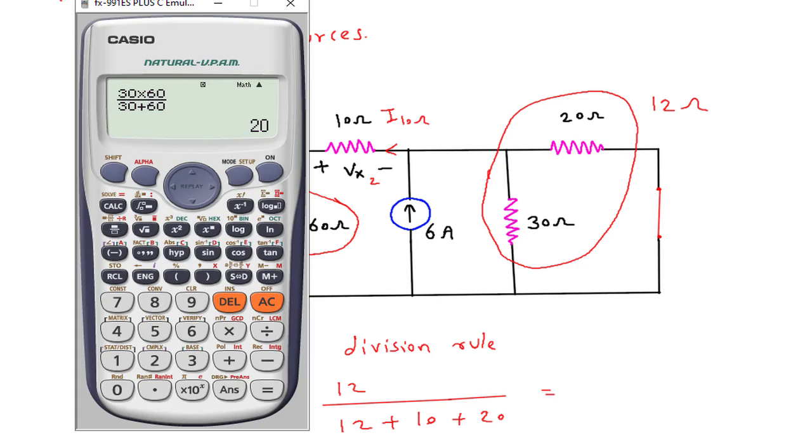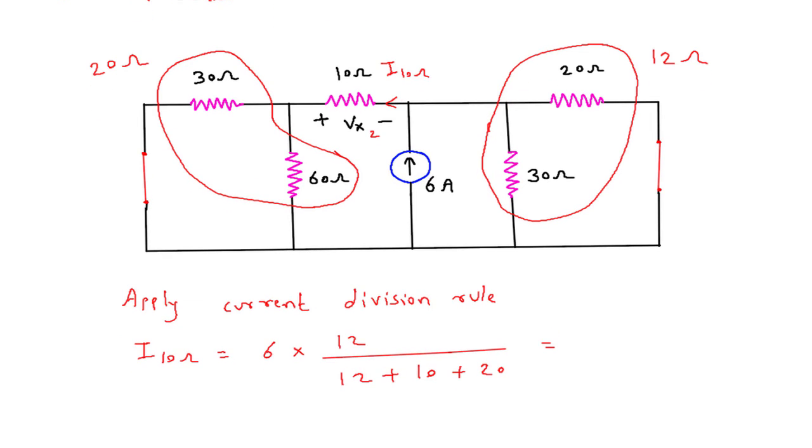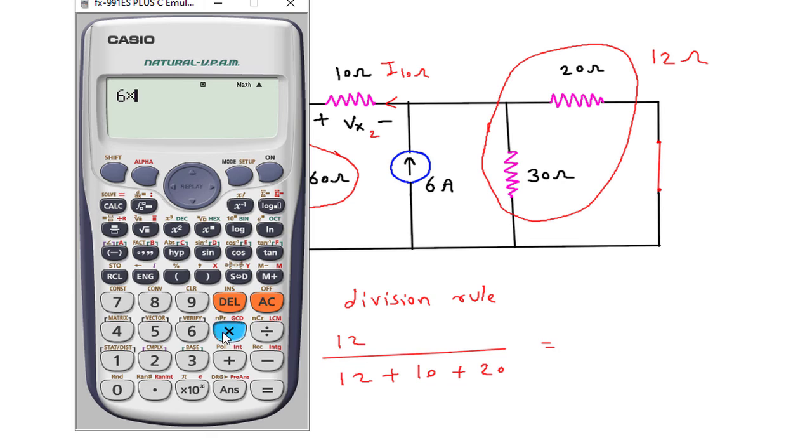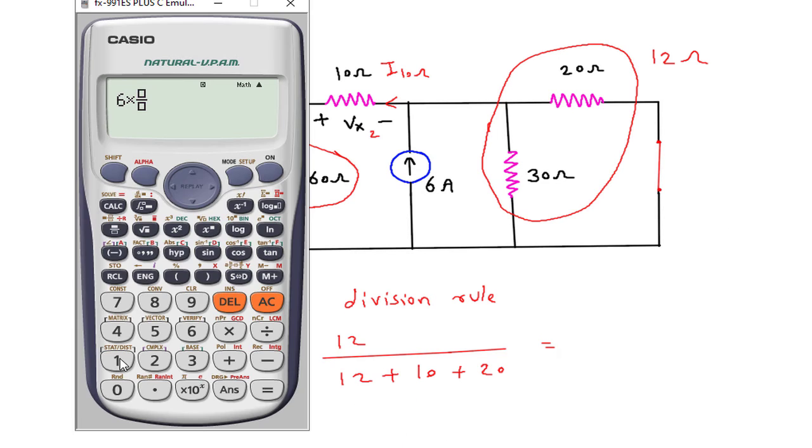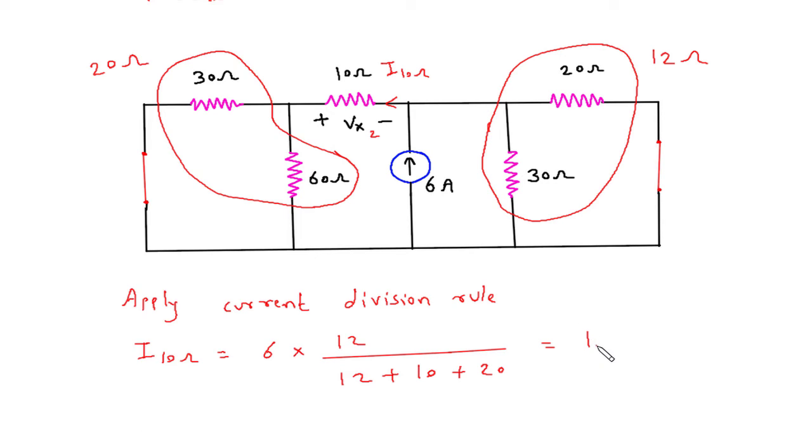So this will be 6 into 12 by 12 plus 10 plus 20, which is 1.714. 1.714 is the value of I 10 ohm.